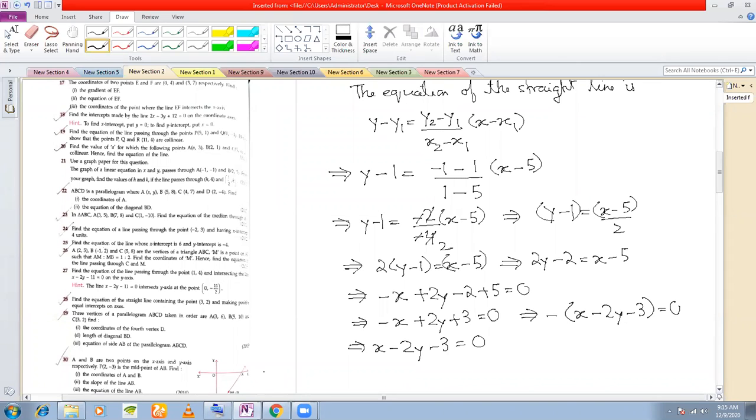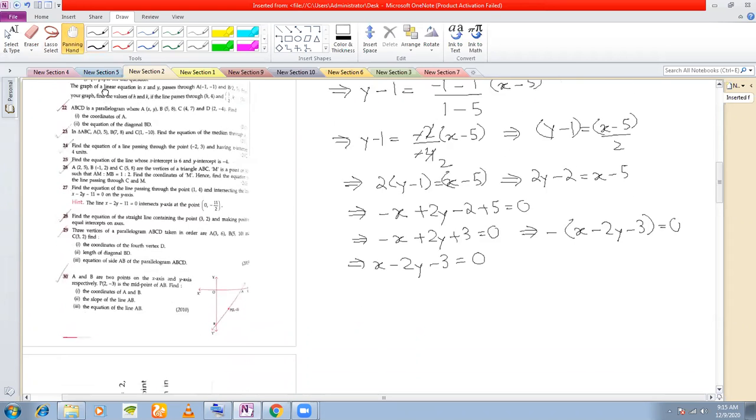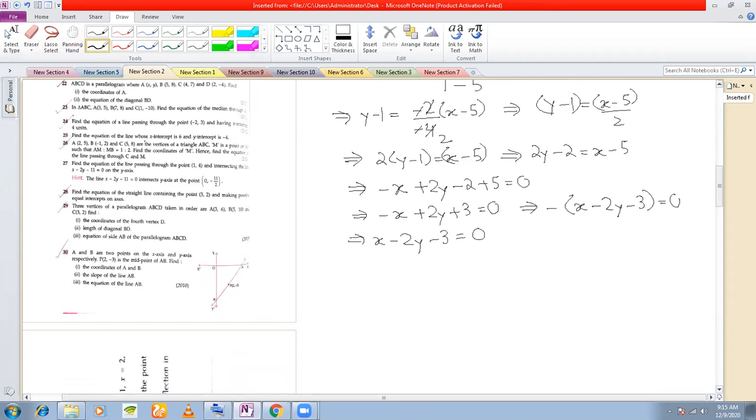But I feel that both the formulas are somewhat weak in proving collinearity. The best way of proving collinearity is through straight lines. So let us see how we prove collinearity.